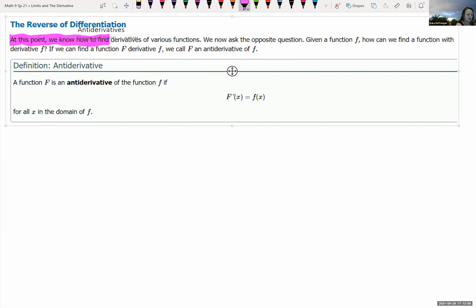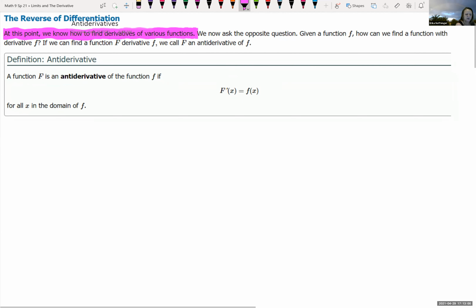At this point, we know how to find the derivative of various functions. Now we ask the opposite question. Given the function f, how can we find the function whose derivative is f?